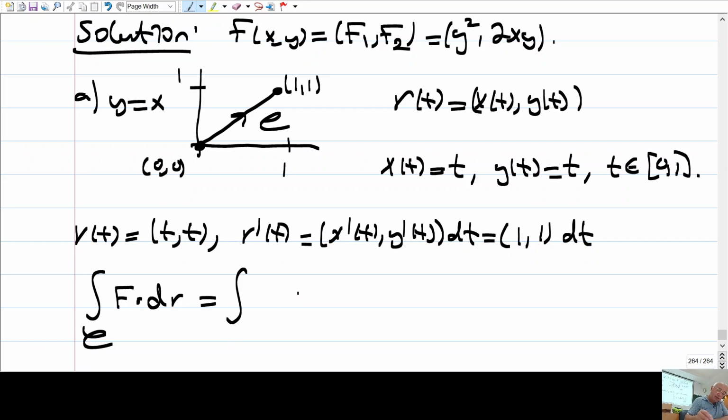Well, this will be the integral over t, t goes from 0 to 1. And then I have F, F is just y squared, 2xy, dot dr. Dr is what? This is F dot r'(t) dt, right?